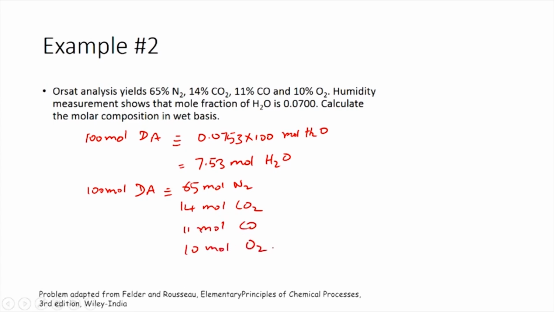So, now in addition to this we have 7.53 moles of water vapor. So, for performing wet basis we need to calculate the total number of moles of this mixture including water vapor, which adds up to 107.53 moles.